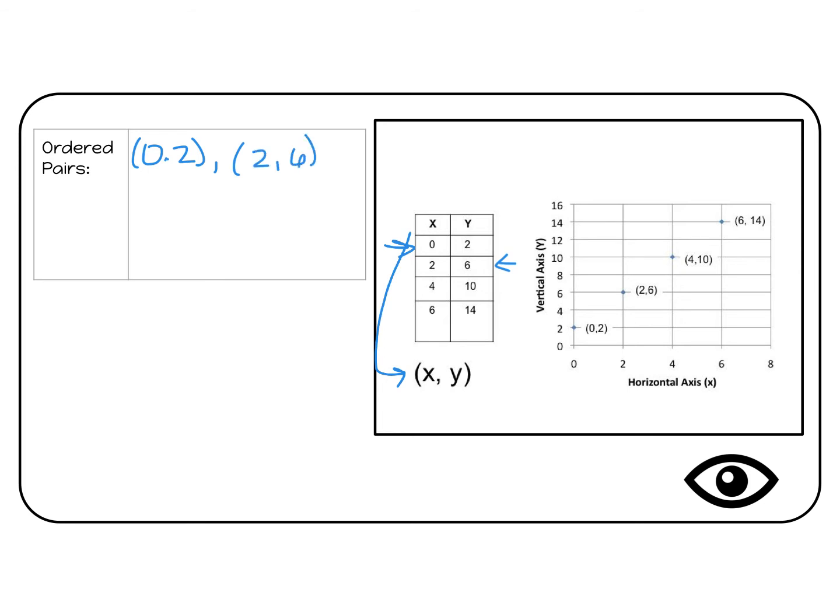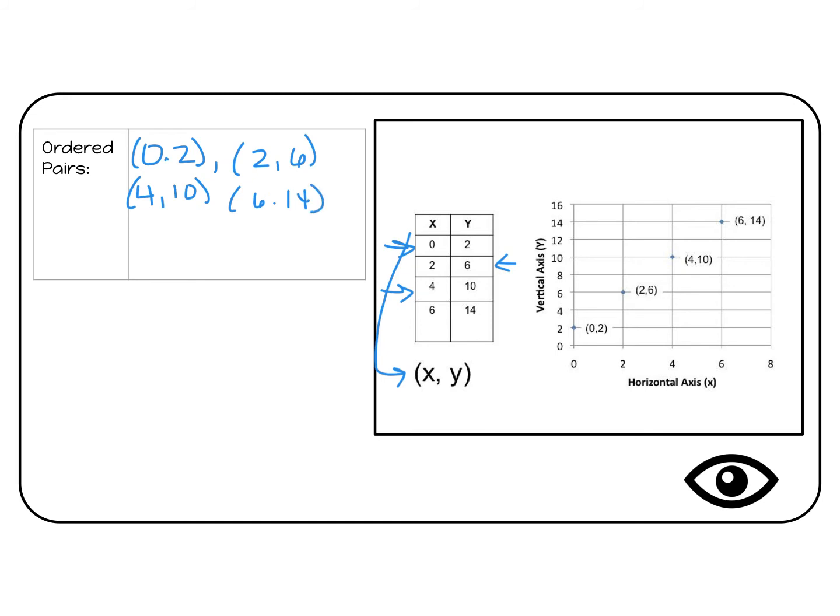So I'm not making these numbers up. I'm pulling them right out of the table and putting them as an ordered pair. The next one, X is a 4, and Y is a 10, so 4, 10. And my last ordered pair would be 6, 14.